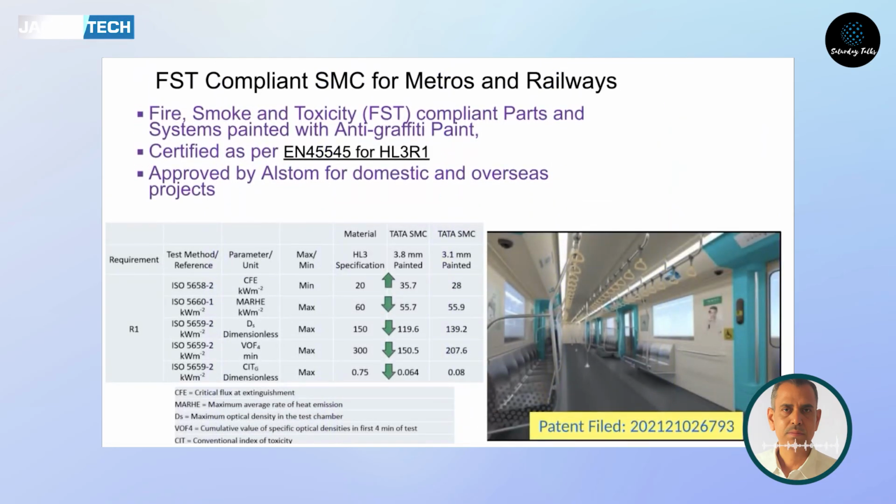Now this is the part. FST compliant SMC for metros and railways. So these are the requirements. And we have the product with two different types of thicknesses. And this product has been tested by a third party in a different country, not in India.